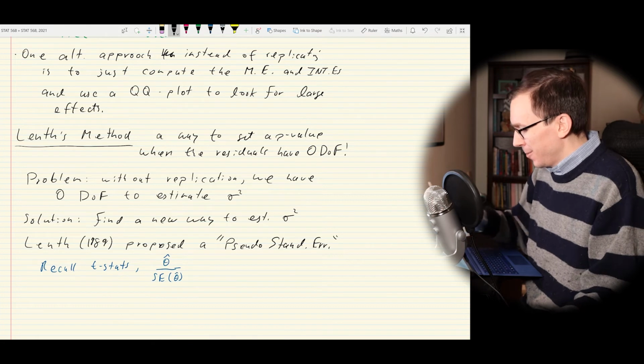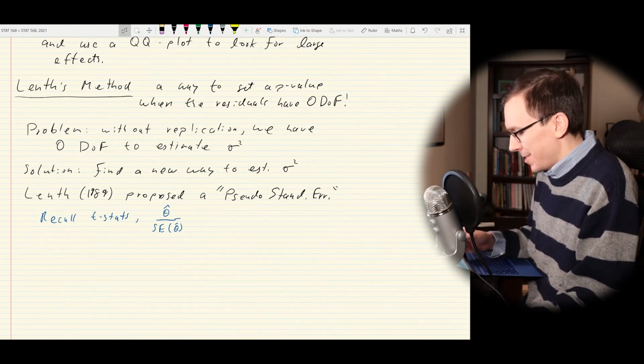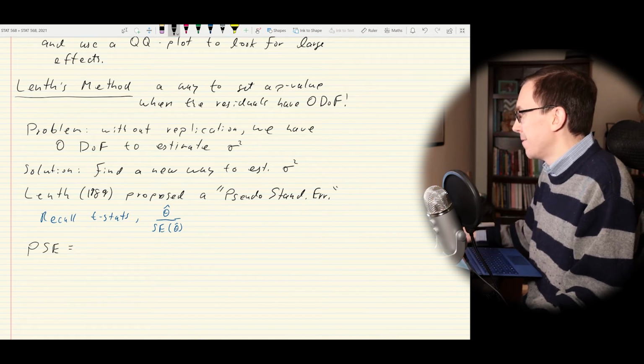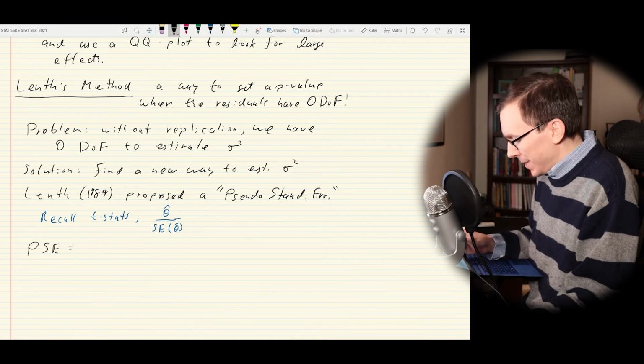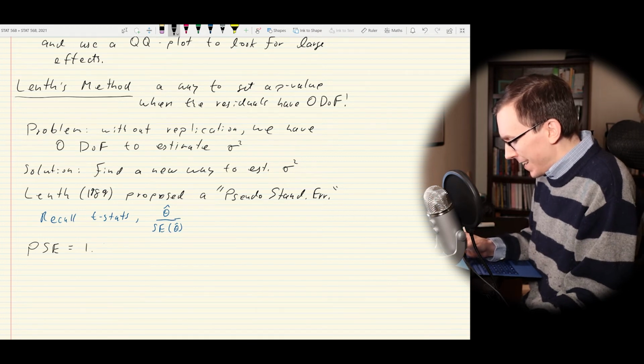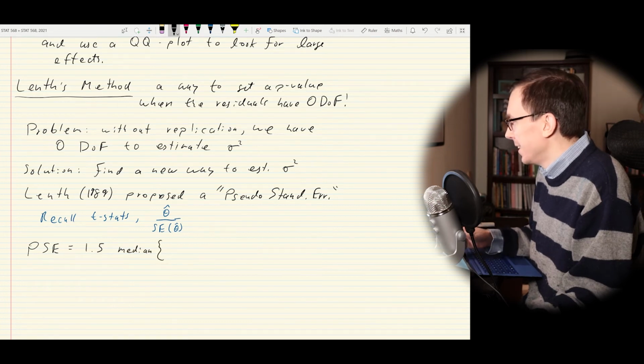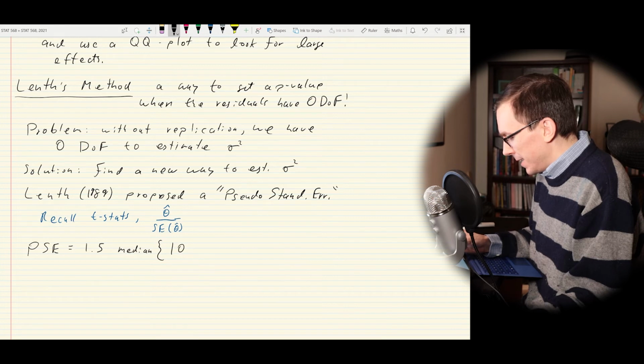So what in the world is a pseudo standard error? Well, the PSE, or pseudo standard error, as Lenth defined it, is going to be 1.5 times the median of the estimated, I didn't define these guys.